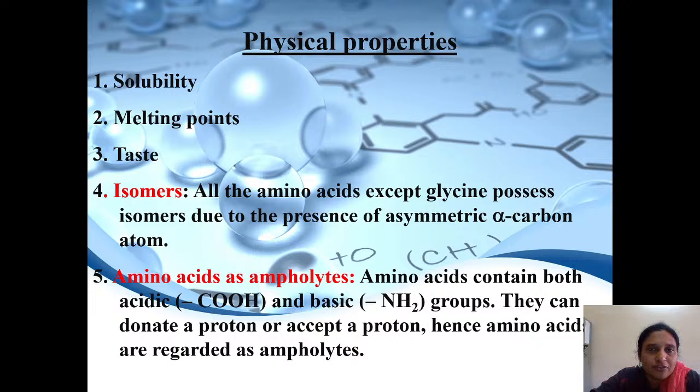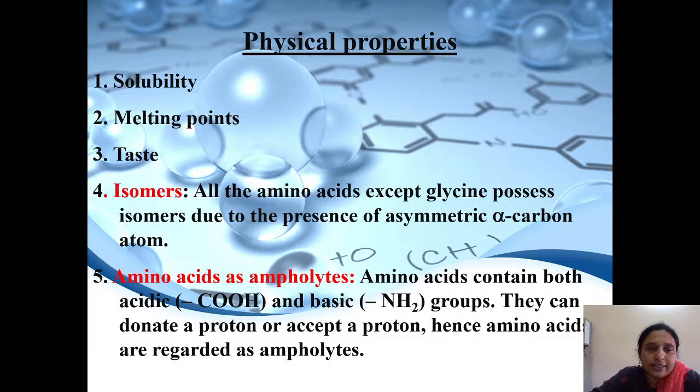If you remember the structure of glycine, the common features are the NH2 amino group, the carboxyl group, and hydrogen, but even the side chain in glycine is hydrogen. So the 4 valencies are not attached to 4 different groups in glycine, so glycine has no asymmetric carbon and cannot exhibit isomerism. The remaining 19 amino acids have asymmetric carbon, so they may exhibit isomeric properties.